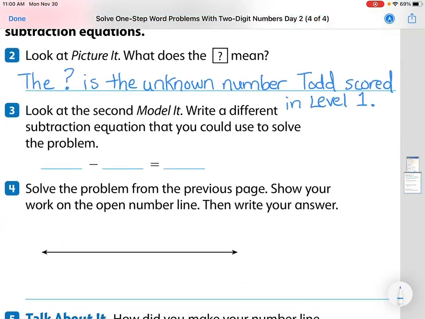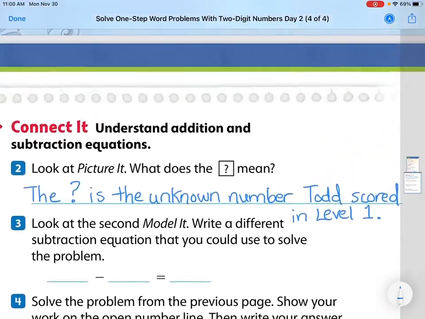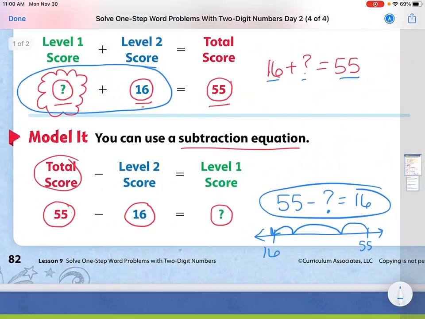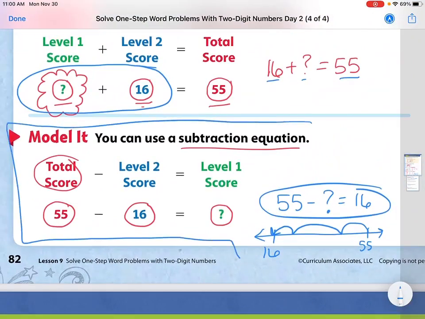All right, number 3 says, look at the second model it. Write a different subtraction equation that you could use to solve the problem. Oh my goodness, I think I already did that. When I looked at the second model it, which is this one, it says write a different subtraction equation that we could use.